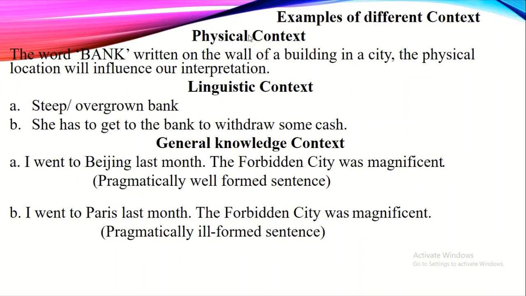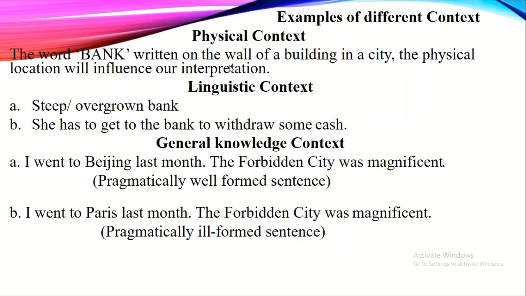First one is the physical context, that is the location with phrases. The word "bank" written on the wall of a building in a city shows the physical location of the word, because it influences the interpretation that it's a financial building.